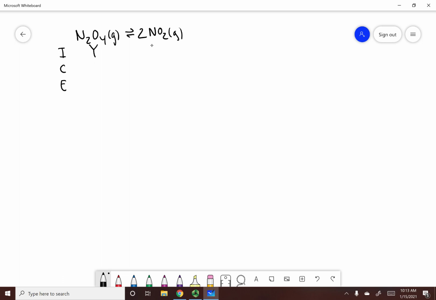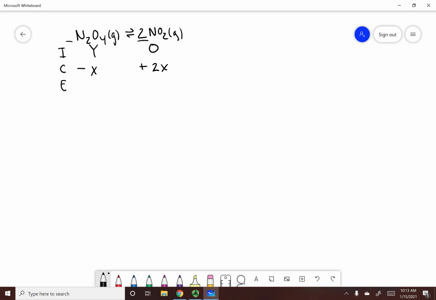pressure. We don't have any NO2 in our container, but what we do know is that this N2O4 is going to decompose. That means its change is going to be negative, and I'm going to make my product, so its change is going to be positive. The ratio is in a 1:2 ratio, and these are based off my stoichiometric coefficients.